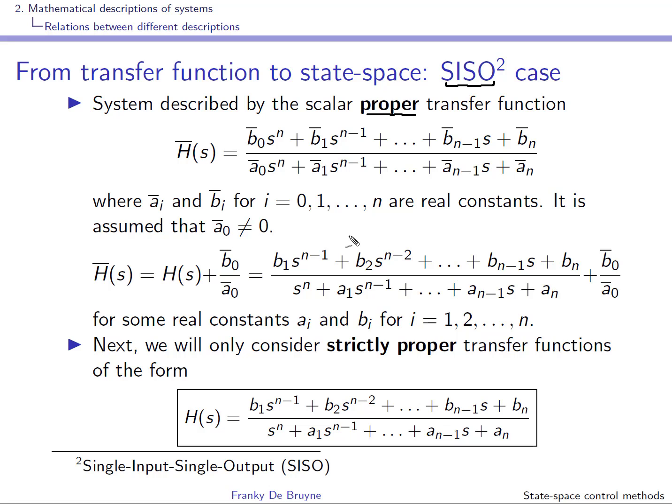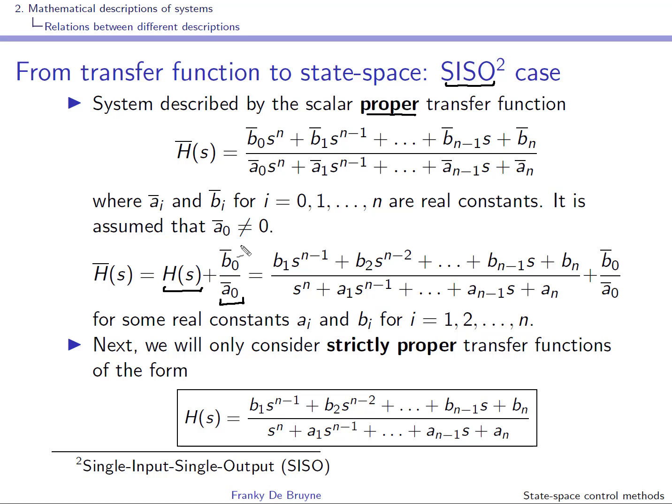What you'll have to do is to do a Euclidean division, okay, and so you'll end up with a constant and another transfer function H(s), the one that you're working with is H-bar here, and this H(s) will be strictly proper.